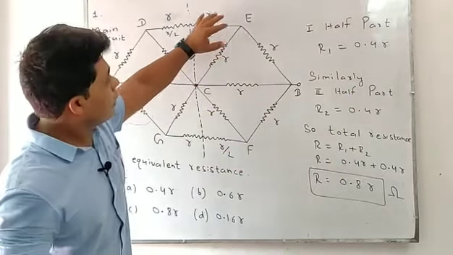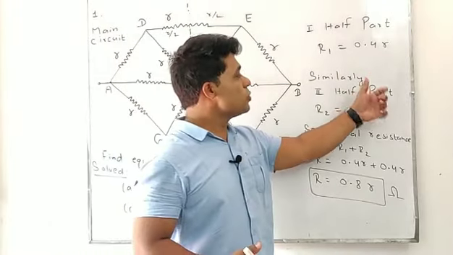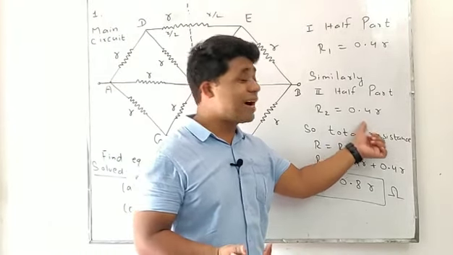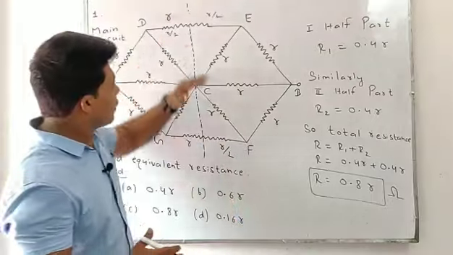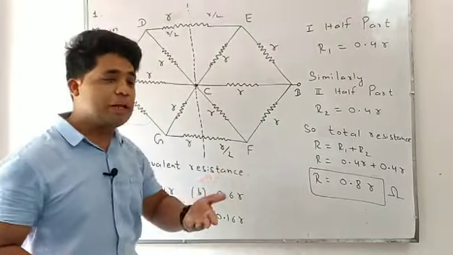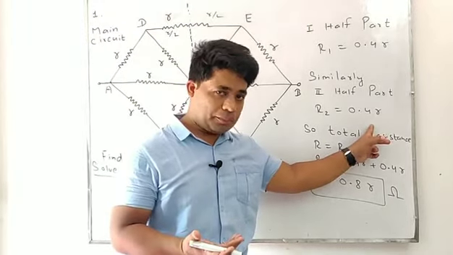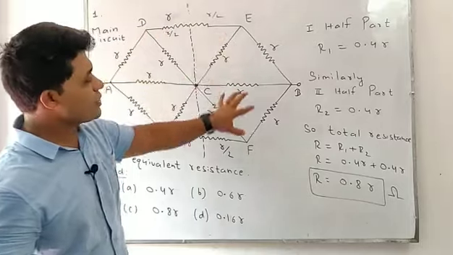Similarly, the remaining half portion has a resistance of 0.4R as R2. Now what is the total resistance?